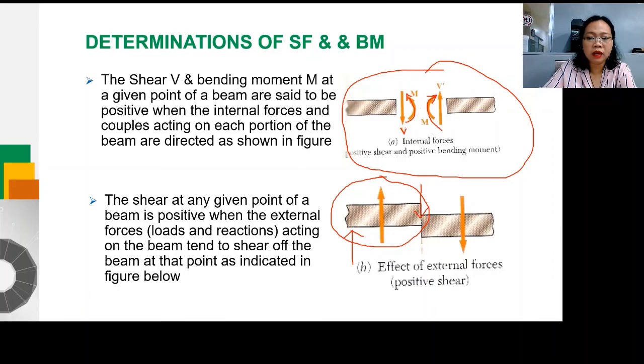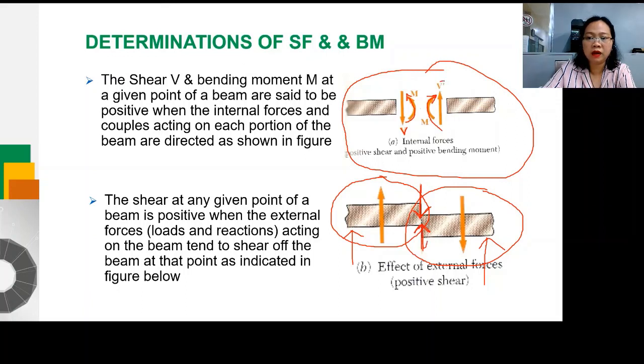That is why our shear here is positive, because it is our convention that to have this section balanced, your shear should go downward since you have a reaction here. And considering this section of the beam, your support is here, right? So your shear is going up. That is why this shear is positive.